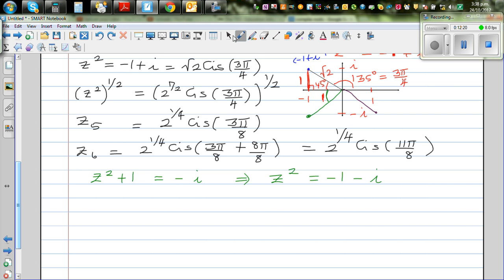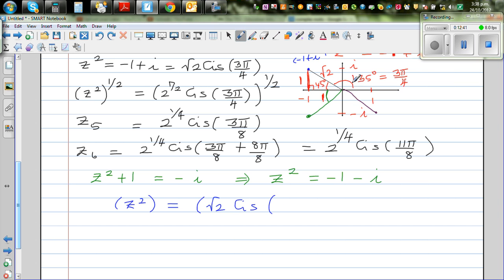So writing in polar form, I hope you understand, z squared is equal to the same distance of root 2 cis, how much will this be?